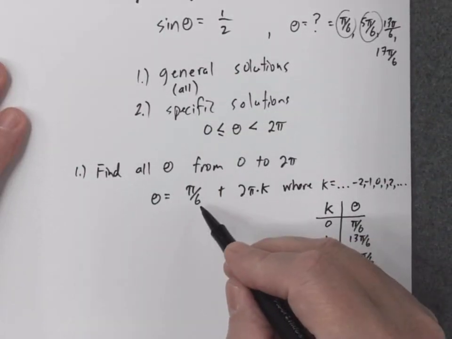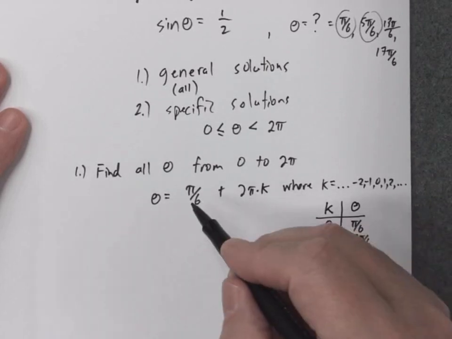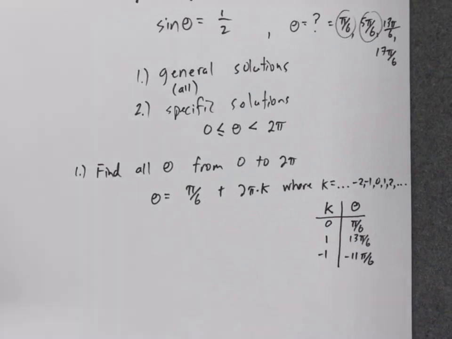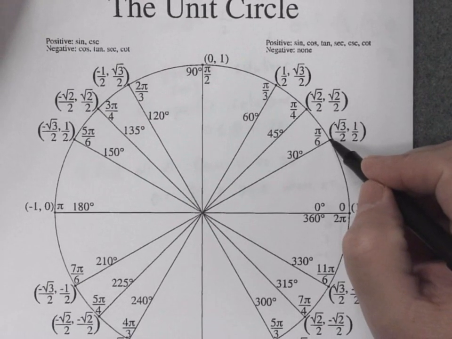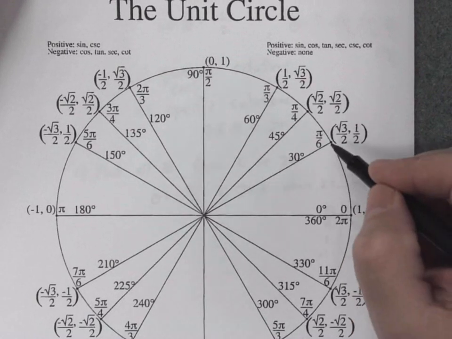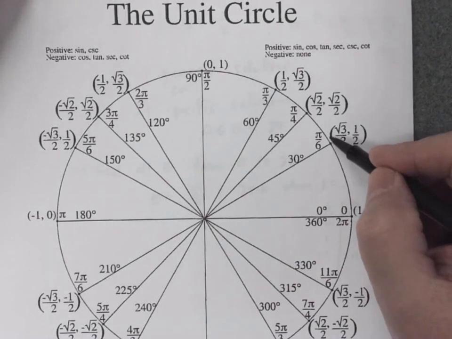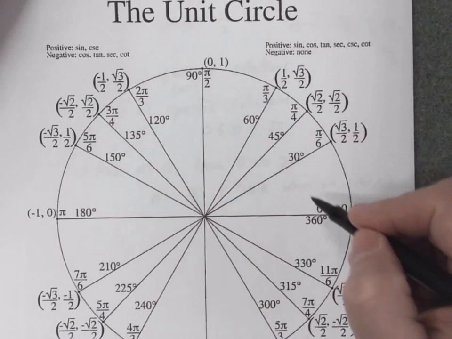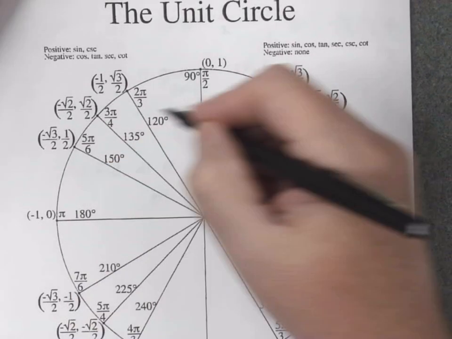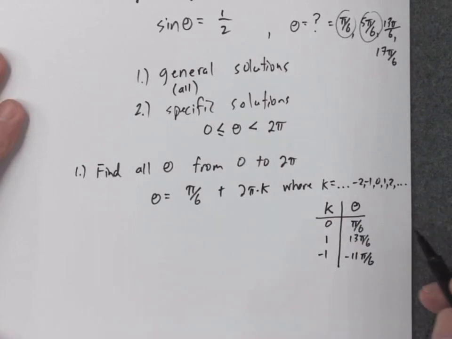So this is a shorthand, clever way to express all the solutions, all the angles that end up right here. From pi over 6 to one trip around, to two trips around. It even takes into account if you go in the negative angle direction. So this is the basis for what we call the general solution.